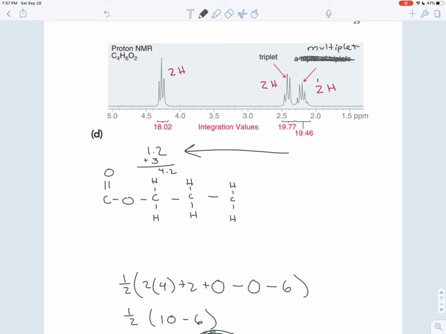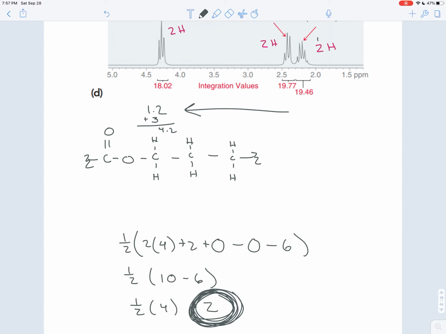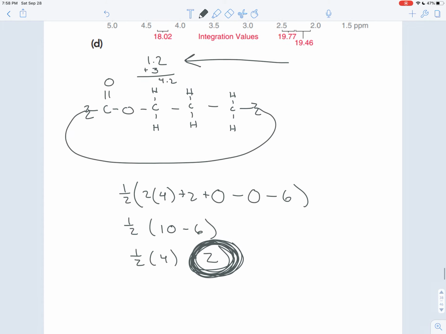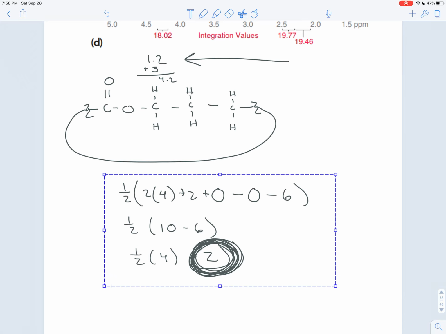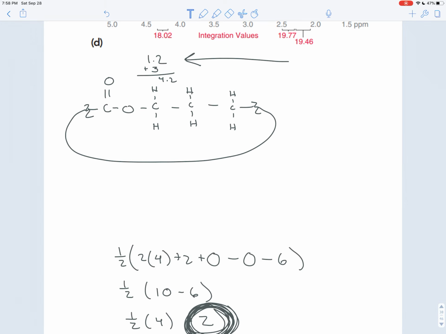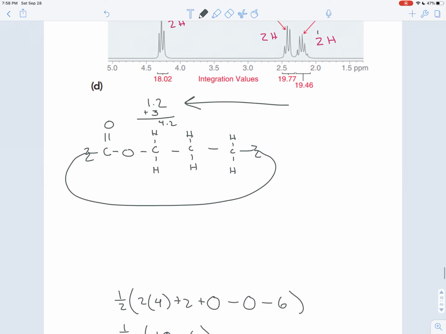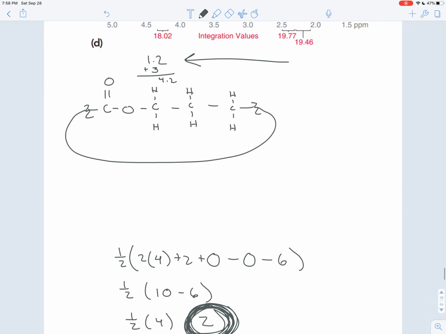We've taken into account the splitting patterns, the integration values, and the chemical shifts for everything. But this carbon is missing a bond, and this carbon is missing a bond. And we also have to include one more degree of unsaturation. And the way we can do that is by making this a ring. If we make that a ring, now we have 2 degrees of unsaturation, and we can connect this molecule without having any missing bonds.